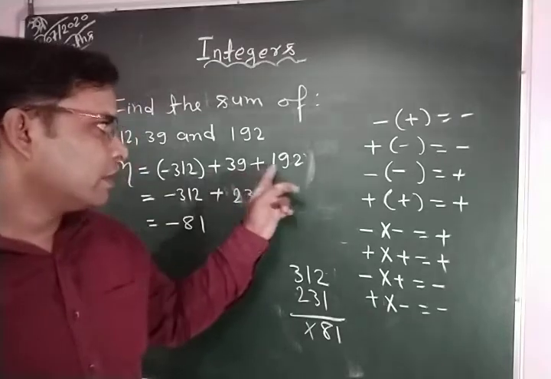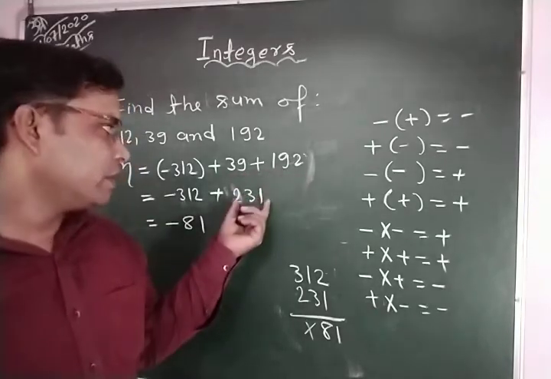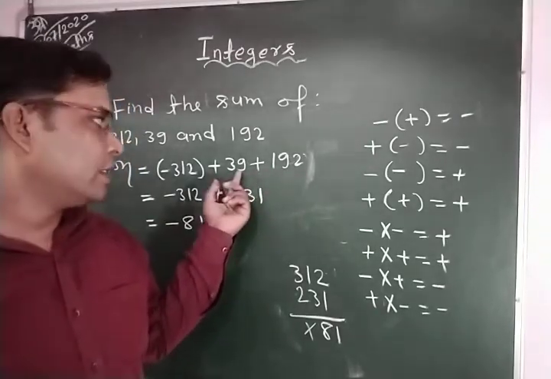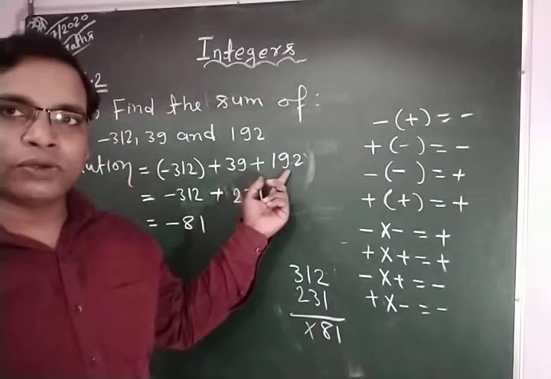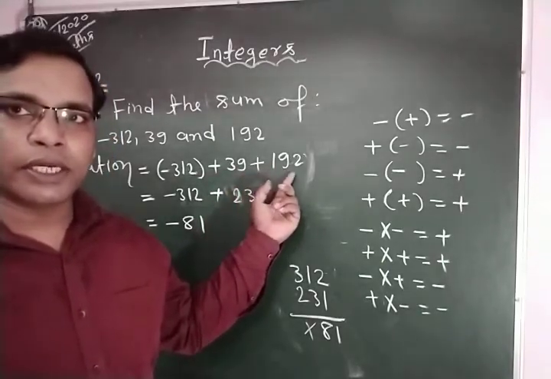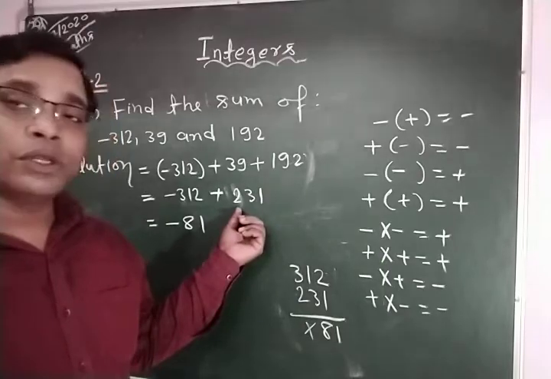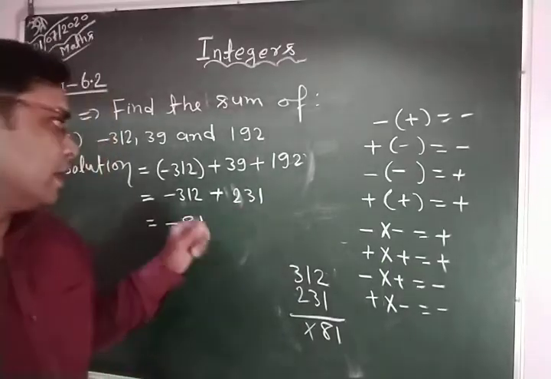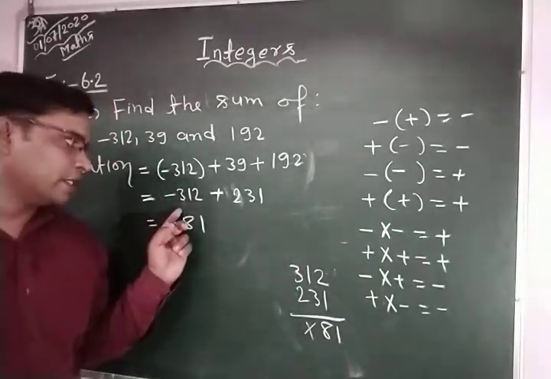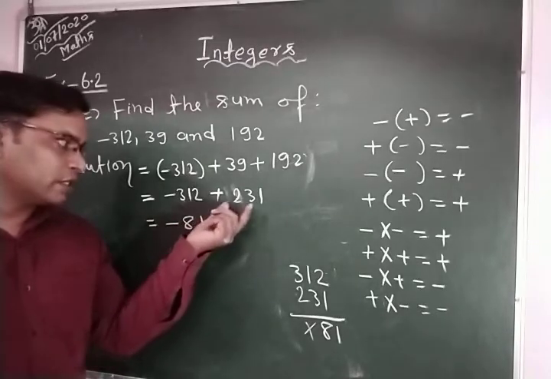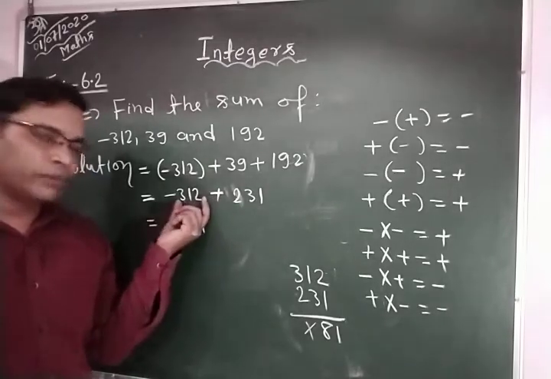Here both are positive integers, so first we sum them. We obtain 39 plus 192, which is equal to 231, and this is minus 312. So you can see here the signs of both numbers are different.